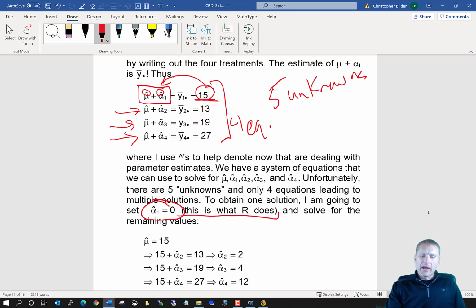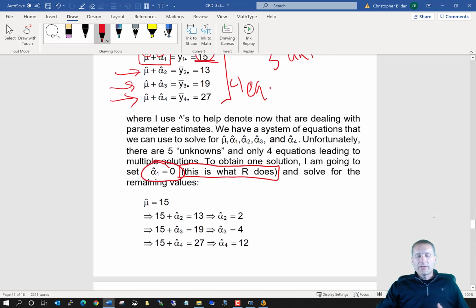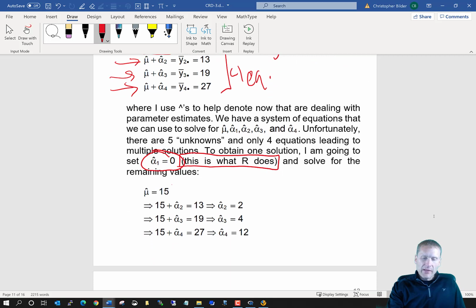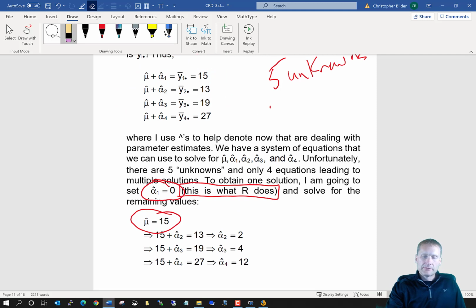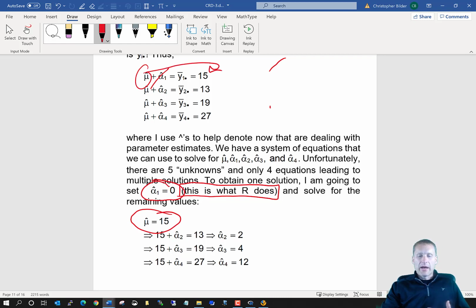The reason I am doing this here is because this is what R is going to do. So if alpha hat 1 is equal to 0, then mu hat has to be 15. Let me erase it because it's getting messy. So if this is gone, then mu hat has to be 15. And now it's just a matter of doing algebra to solve for the other alpha hats.